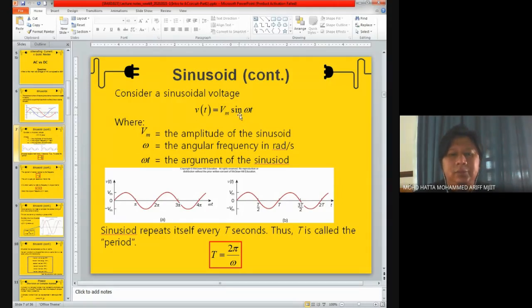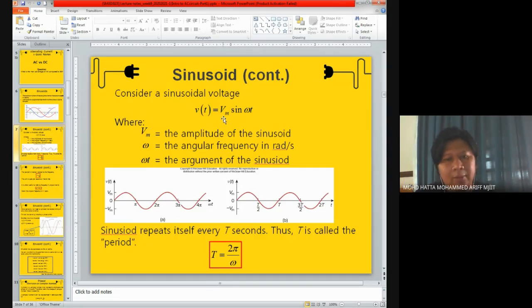Sine is the trigonometry operator. Sine omega t. So there are two things that you need to really understand over here. We have voltage, which is represented by peak value, but in the waveform characteristic itself, it varies with respect to time.